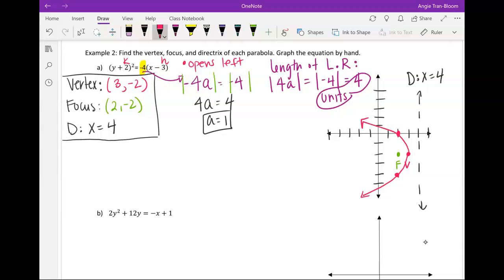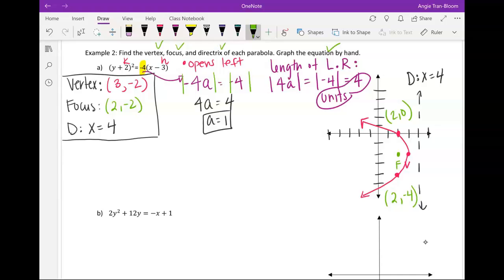And remember, I may ask you to find the location of the latus rectum, so might as well get used to labeling these. This is (2, 0), and then this is going to be (2, -4). Okay, so those are them. We graphed it by hand, checked. We found the vertex, the focus, and the directrix of each parabola.